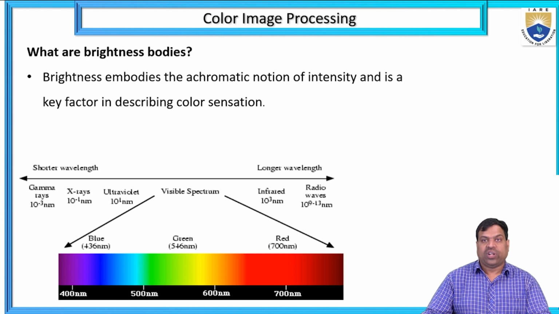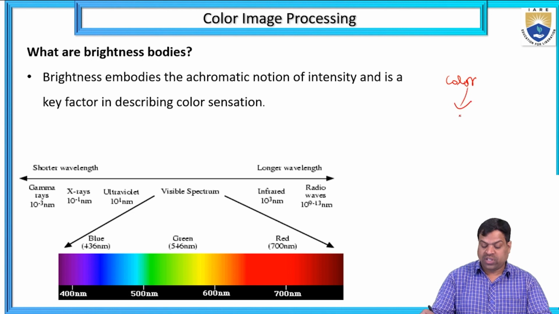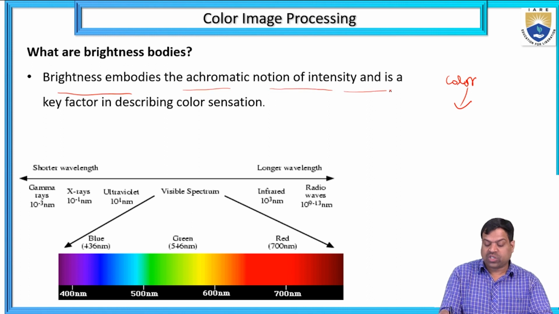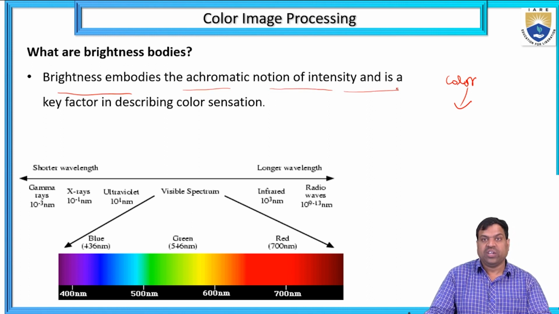And what is brightness? Brightness embodies the achromatic notion of intensity, and it is a key factor in describing color sensation.